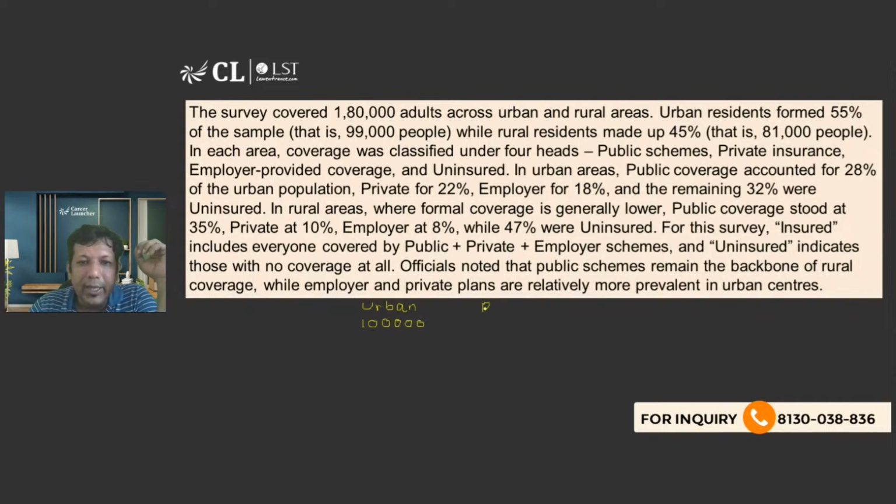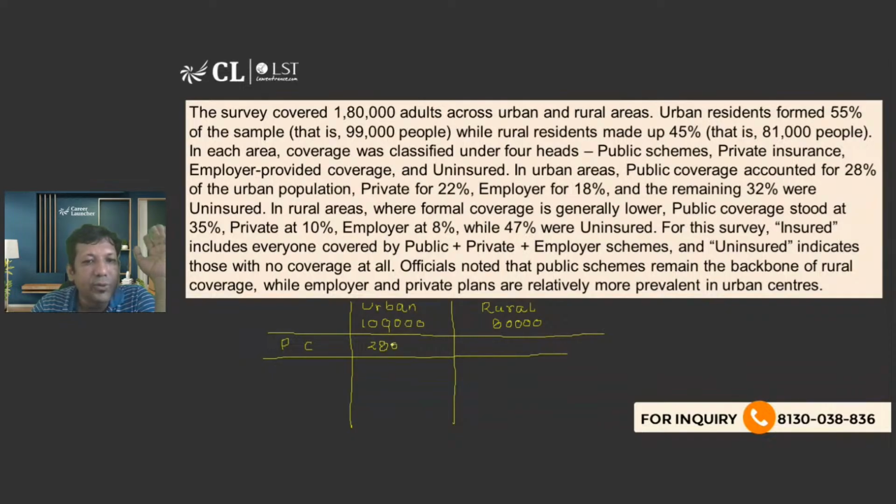In rural, I am going to take 80,000 people because I think I'm going to have a better calculation if I use these numbers, and then I'm going to solve. So which is the first one? That is public coverage, which is 28% of 1 lakh. I would say that is 28,000. I am not going with 99,000, I am going with only 1 lakh.